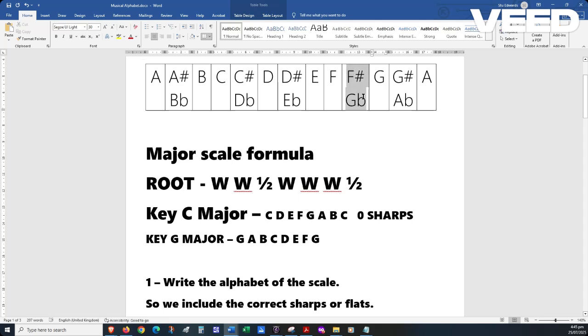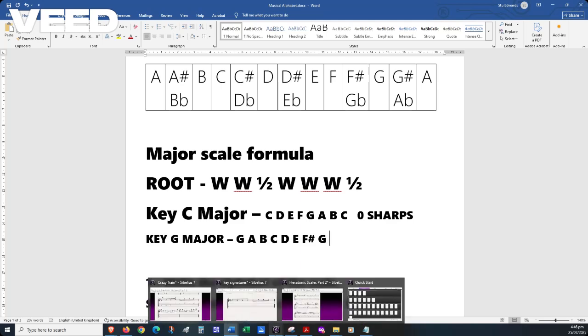The reason why this is going to be called F sharp and not G flat is because it simply has to be alphabetical. G, A, B, C, D, E, F sharp, G. So had we called it G sharp, we would have had E, G sharp, G. So it has to make alphabetical sense.